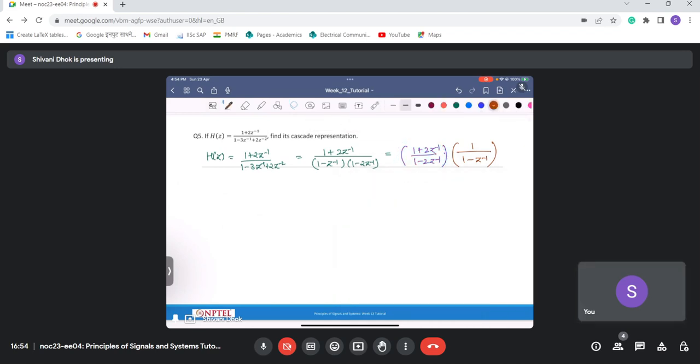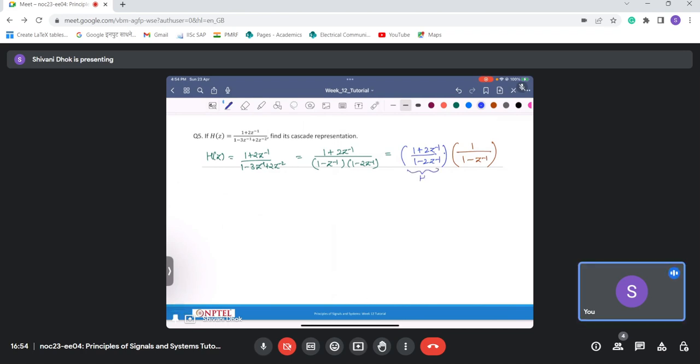So in cascade form, first we have to examine whether the denominator is factorizable, and if so, we divide it into two rational expressions.